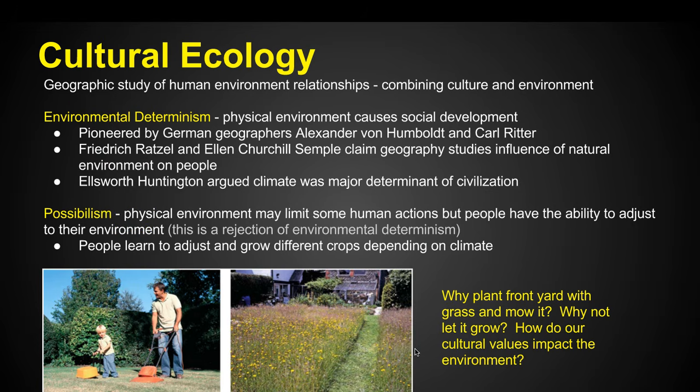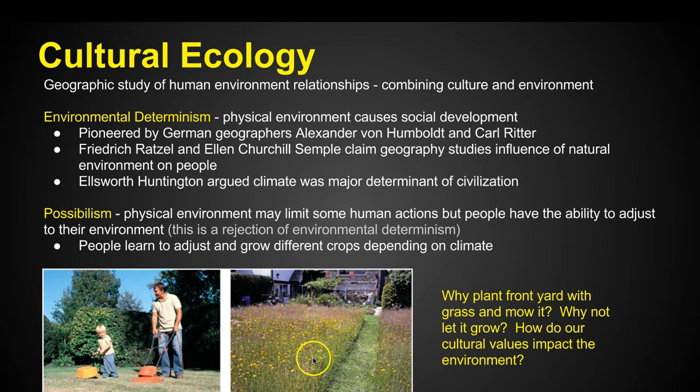For example, when we talk about cultural ecology, we look at the culture of how people use their lands. So why in the United States do we plant a front yard with grass and then trim it down? Why not just let it grow? How do our cultural values impact the environment? Well, here, we trim it down, it looks very nice and green, but a lot of the times we put pesticides and herbicides and fertilizers on this land, and it impacts the environment.